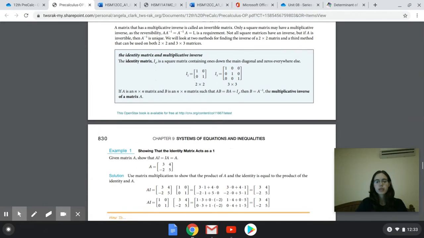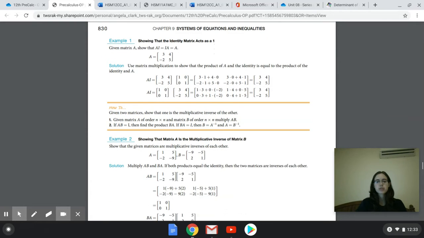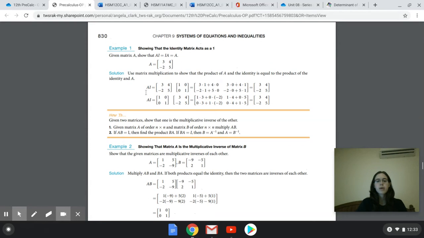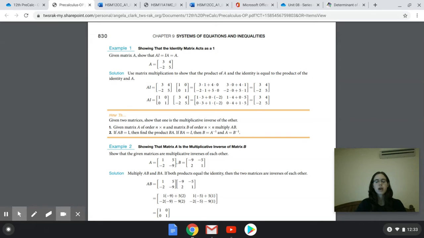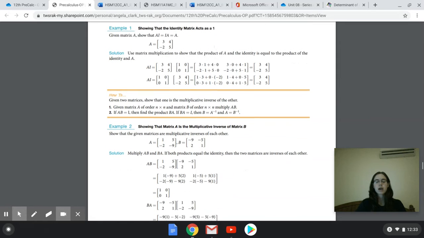So in this example, it's just showing that I can multiply A times I, the identity, in either order. I can either do A times I or I times A, and I'm still going to get A at the end. It's not going to change, because that's the idea behind an identity.